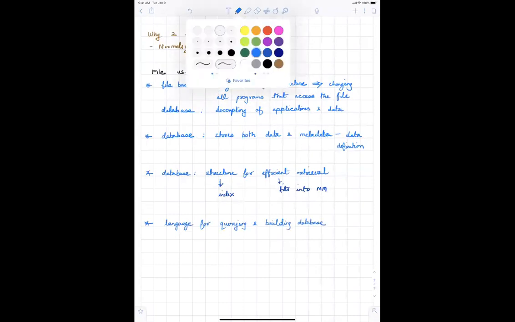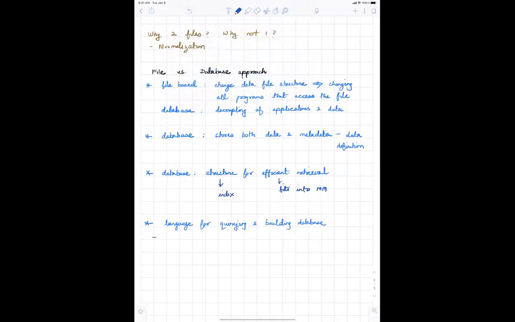That's the SQL that we are going to be learning for relational databases. It stands for structured query language.